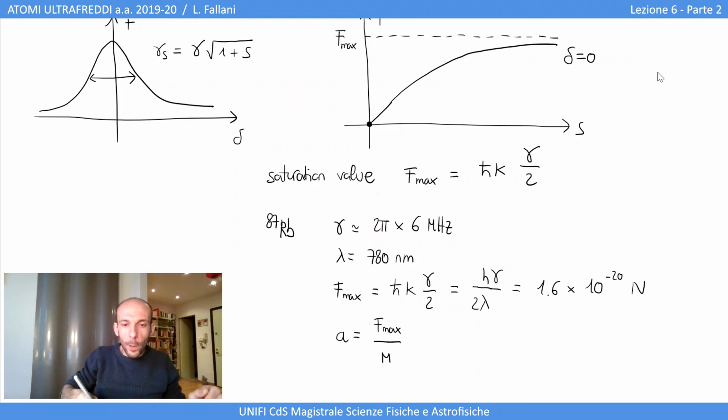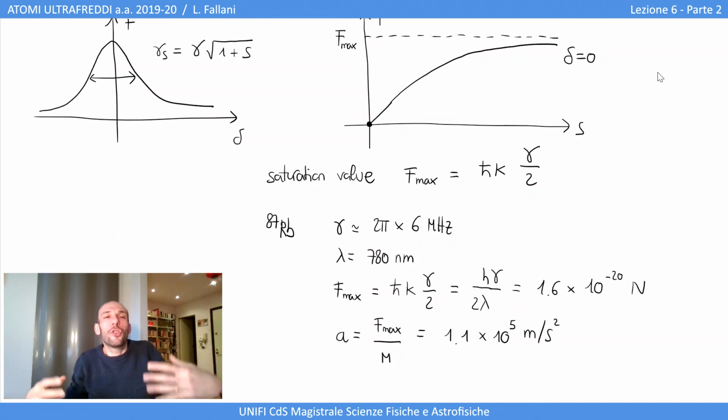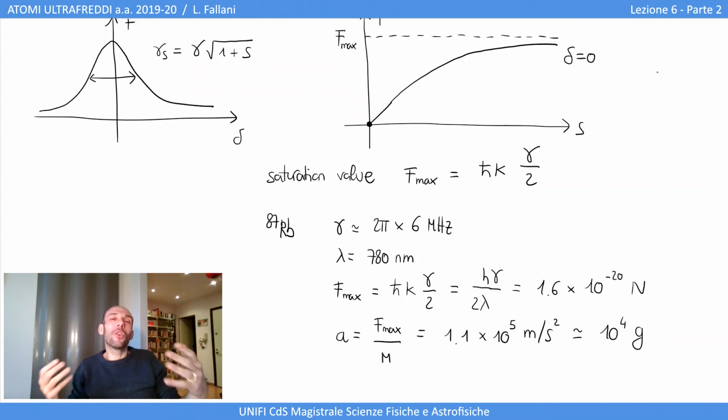If we evaluate the acceleration as this force over the mass of a rubidium atom, the answer is that the acceleration is 1.1 times 10 to the 5 meters per second squared. So the force is tiny, but the acceleration is huge. This acceleration is on the order of 10 to the 4 g. And this huge acceleration is the reason why laser cooling works so well.